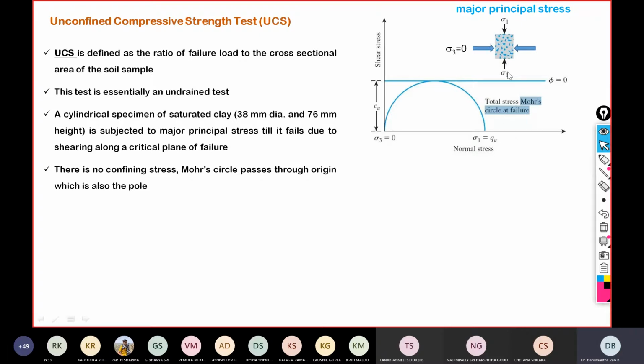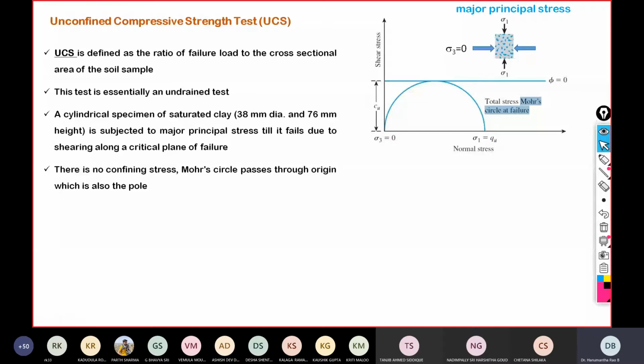Now in case of the UCS, we are increasing only the major principal stress value, that is sigma 1, keeping sigma 3 at 0. When sigma 3 is 0, as per the Mohr circle, the circle must pass through the origin. So sigma 3 is 0 and sigma 1 is nothing but the maximum compressive strength that we applied during the testing.